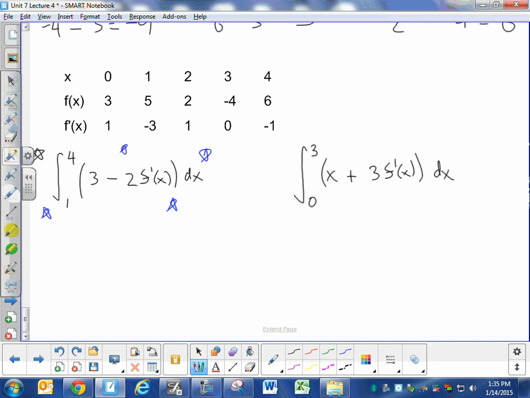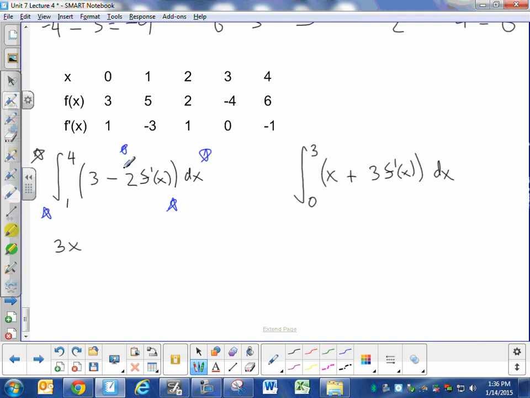Anybody? Okay, all right. Good. How do we do this? Well, 3, that's a function. If you're adding or subtracting functions together, you'd have to take the antiderivative of each of these. Well, guess what? This would be 3x.